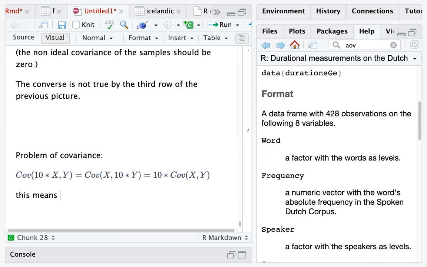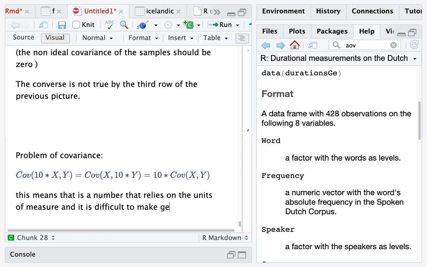This means that it is a number that relies on the units of measure, and it is difficult to make general claims, statistical claims, on such kind of data.